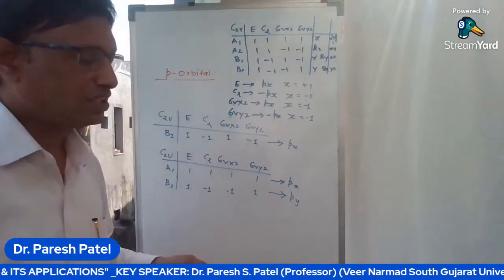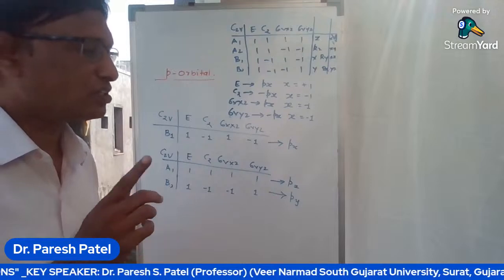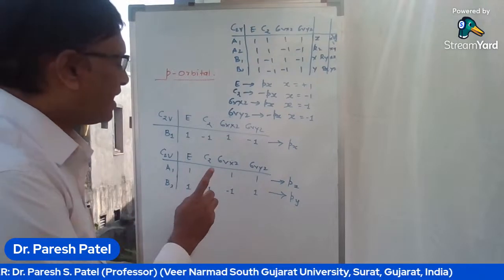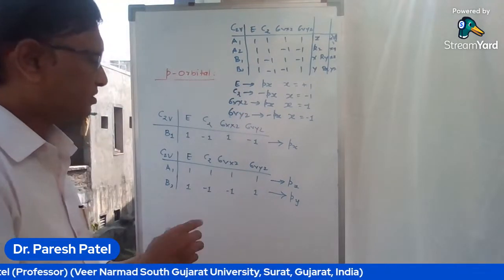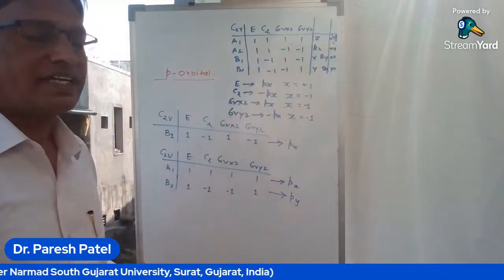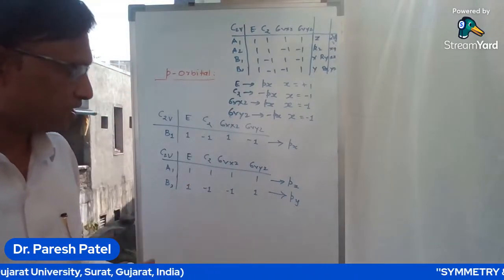We already derived the transformation properties of the s orbital, and we can directly predict from the character table the contribution of d orbitals.